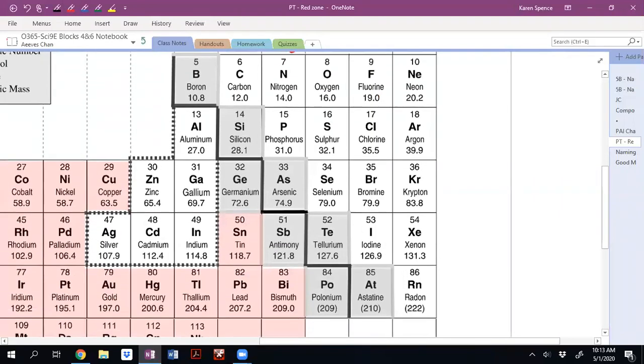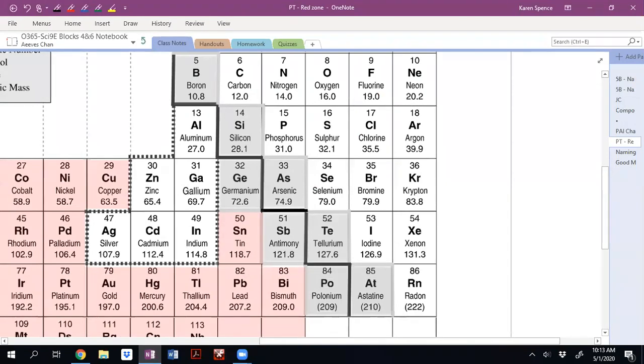Now, everybody in the red zone is a big mishmash. We have to look at the Roman numeral to know the charge, but you'll notice there's this little area in here, right over here, a little mini staircase inside this section. And amazingly enough, this is still as easy as 1, 2, 3. In this column here, there's only one element, that's silver.